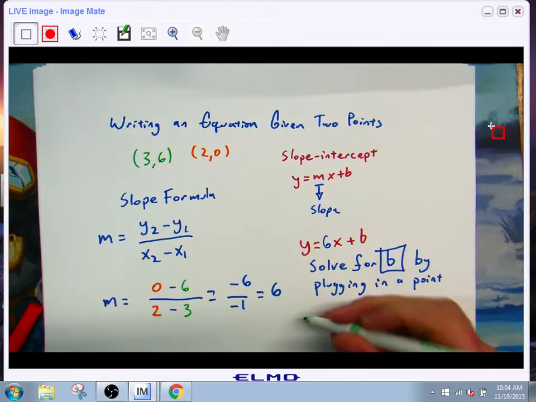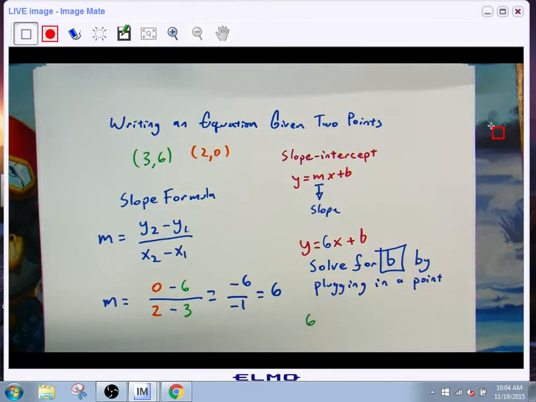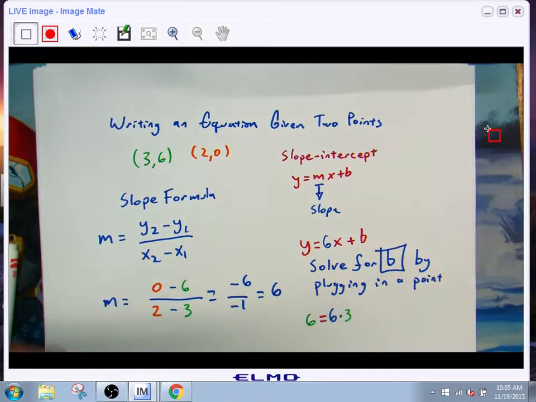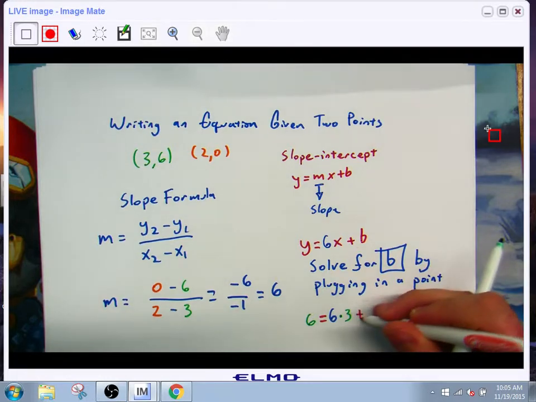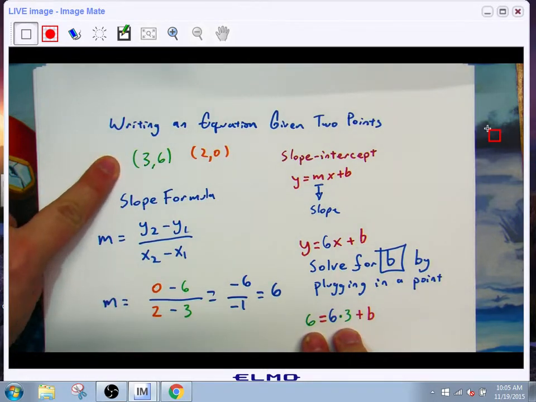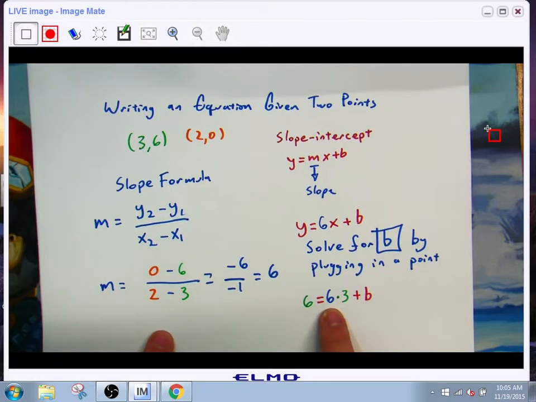So my y is 6, and that's going to equal the slope that I already found, which is 6. My x is 3, so that's times 3 plus b. I have everything color-coded so that we know where we got it. The green numbers are my x and y that I got from my point. The blue number is 6, which I got from my slope formula.